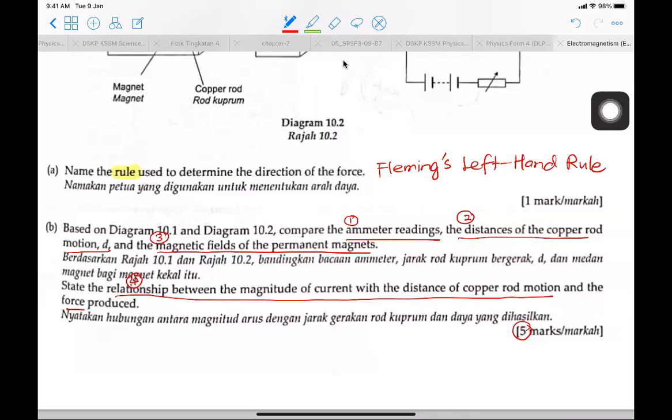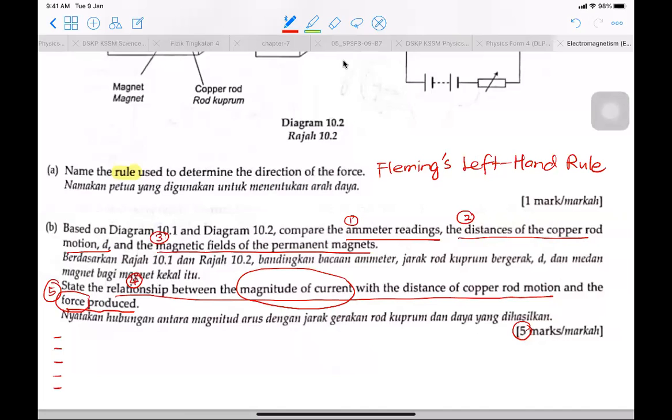So actually this is the 5th one. Relationship between the magnitude of current and the force produced. So there are 5. You can answer in point forms. 1, 2, 3, 4, 5. 5 points for 5 marks.